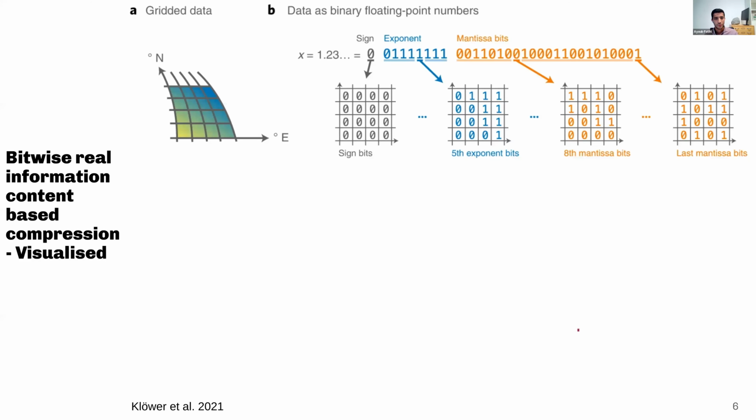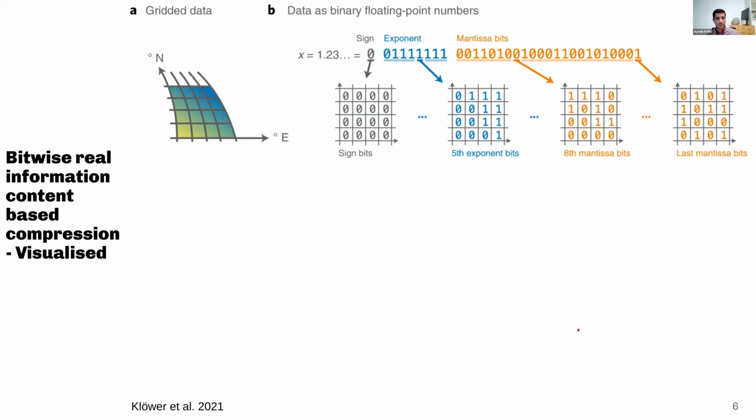I will go through the bitwise real information content-based method step by step using this graph from the Klöwer et al. paper. We assume working with gridded data and utilize a binary representation for efficient storage. For the binary representation, we have the first bit in gray here reserved for the sign. If it is 0, the number is positive, otherwise the number is negative.